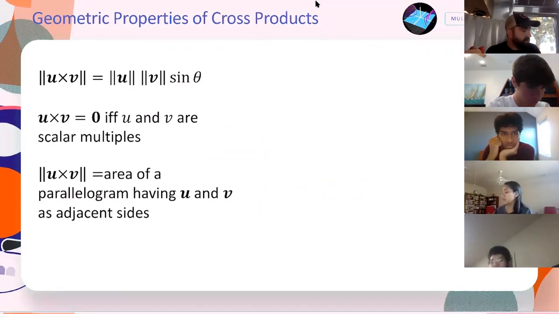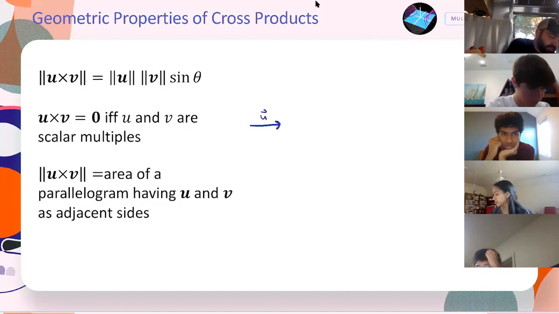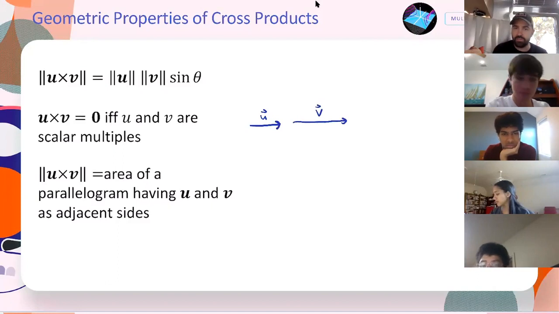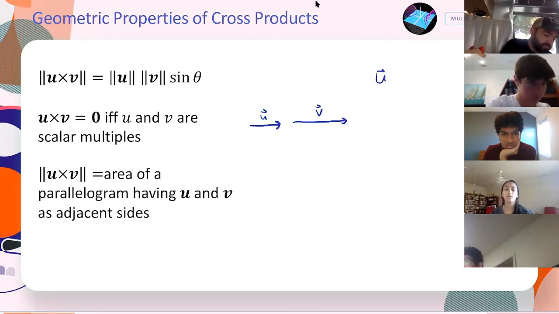U cross V will equal 0 if U and V are scalar multiples. So if U and V are running either the same direction or opposite directions, if I take a cross product, I'm going to get 0. That also comes from one of the properties on the previous page.